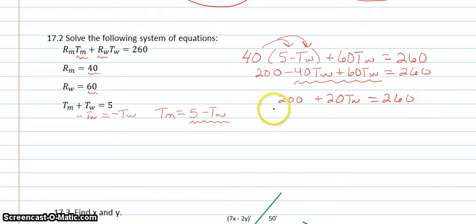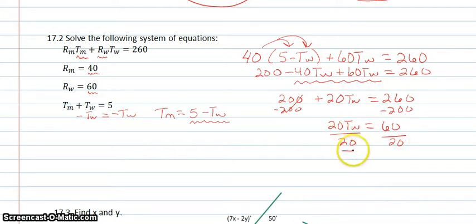Then I'm going to subtract the 200 on both sides. So I'll have 20 Tw equals 60. And divide both sides by 20. So Tw equals 3. Then to find out what my T sub m equals, I'll just substitute in 3 for the Tw.